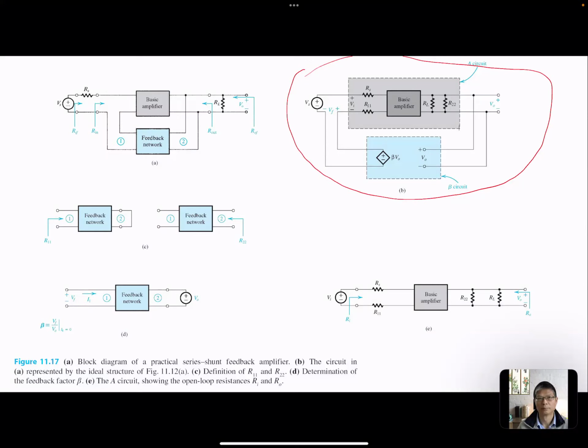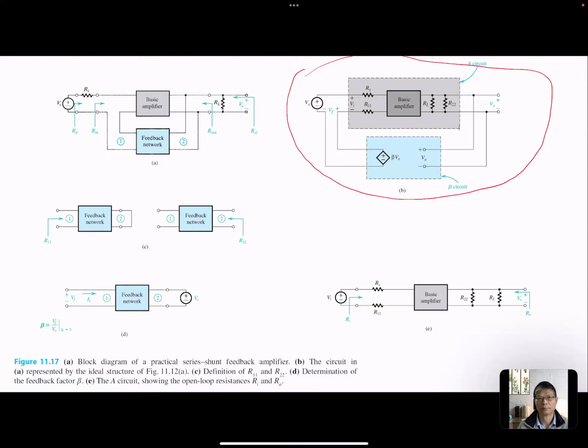If it's not ideal, we can still use this circuit, but we add R11 on the primary and R22 on the secondary. Then we add two resistances, and these two resistances can be solved by looking at the feedback circuit only.